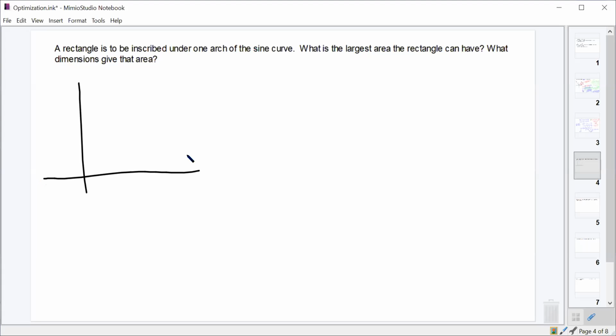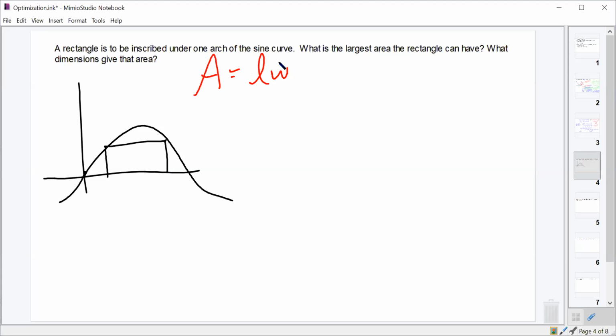Our picture is going to be one arch of the sine curve. So there's one arch of the sine curve. And we're going to throw a rectangle into there, and I'll just use the x-axis as my bottom piece of the rectangle. And we want to know what's the largest area that that rectangle can have. Well, the area of a rectangle should be the length times the width, or the base times the height, or whatever you want to call it.